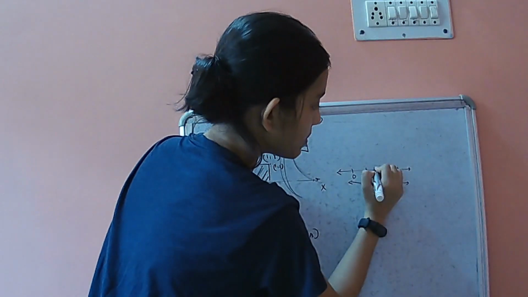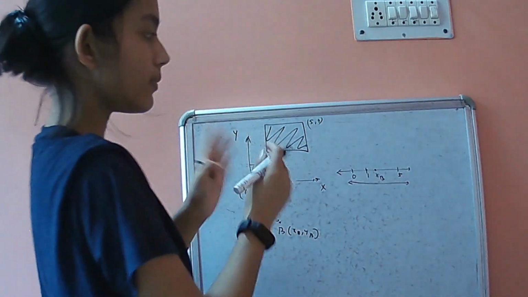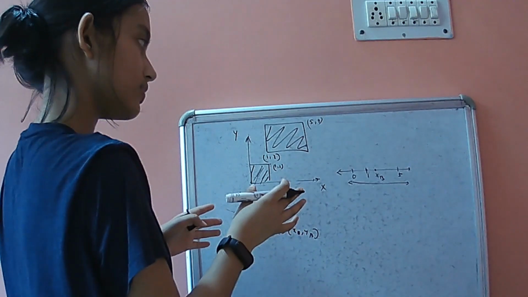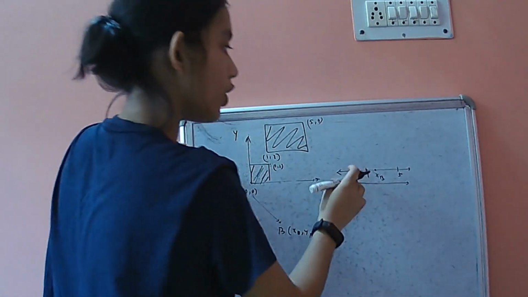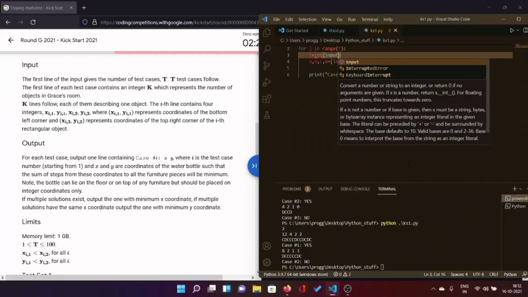So what is a point on this line, say xb, from which the absolute distance from all the other x coordinates is minimum?